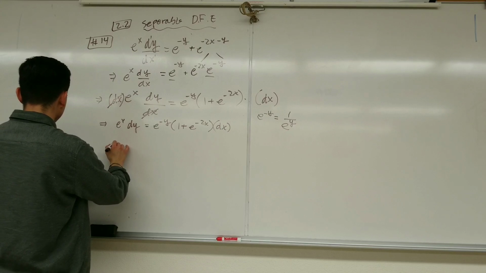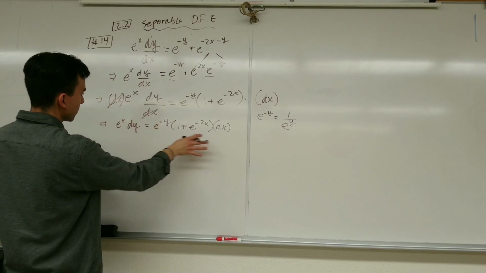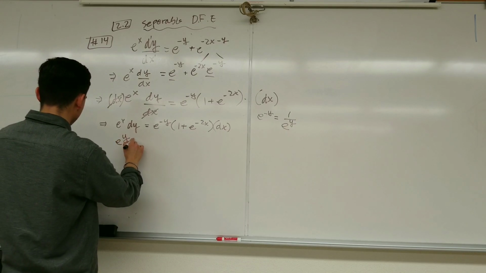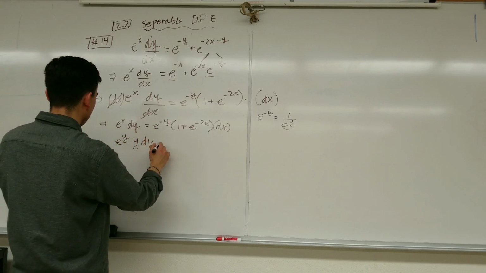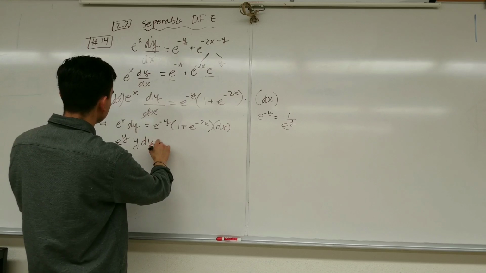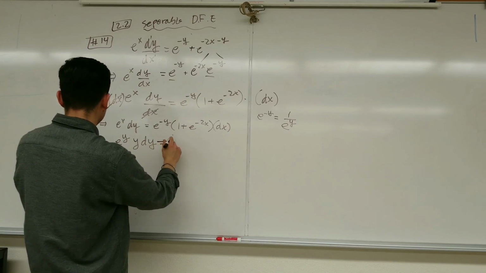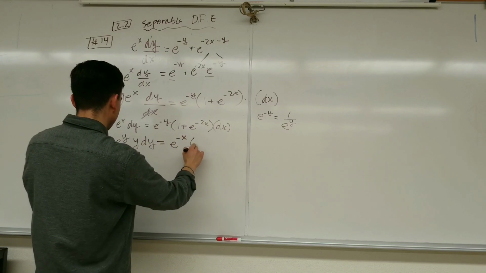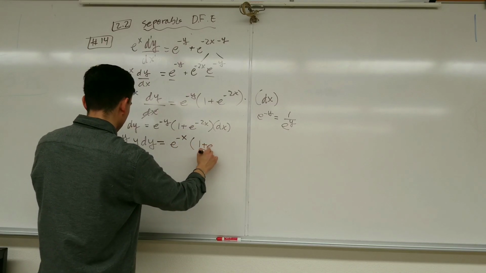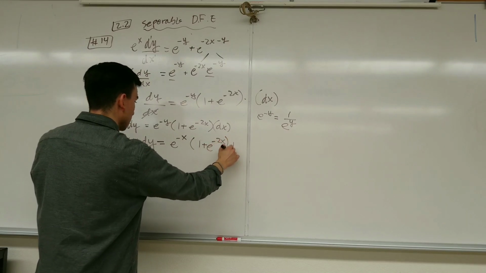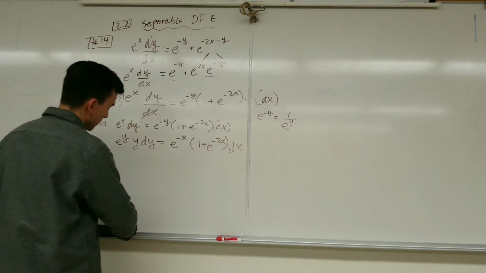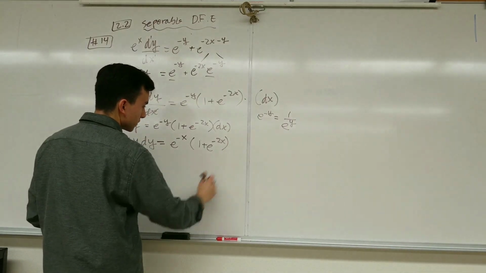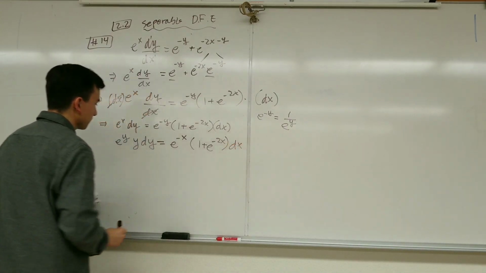So eventually, if we were to do the computation, we're going to get e to the y dy equal to e to the negative x. Perfect. So now we have our y's with our dy and our x's with our dx.